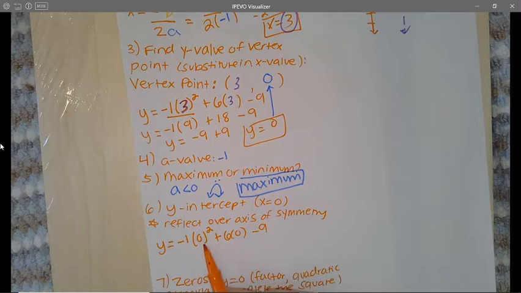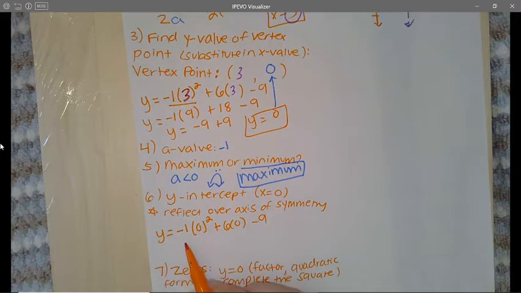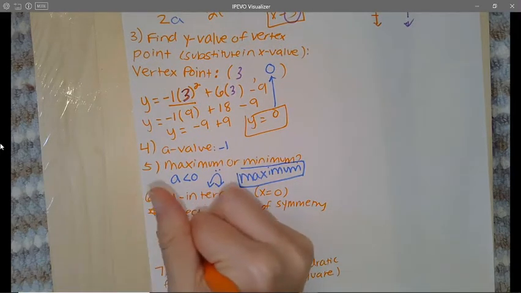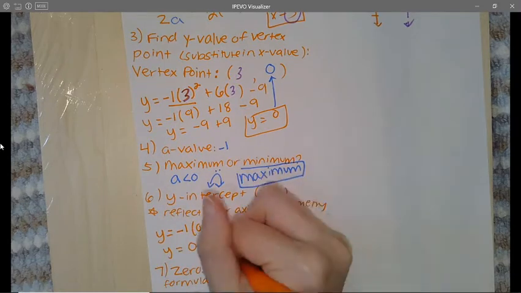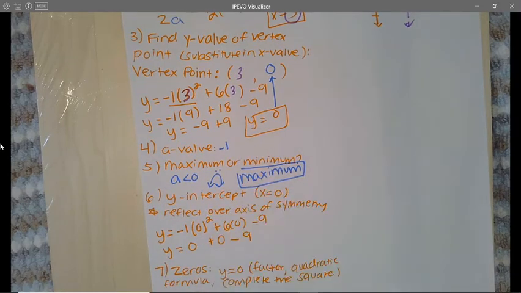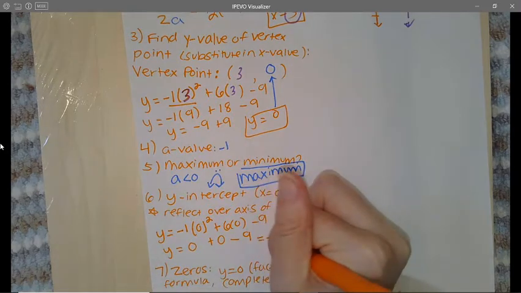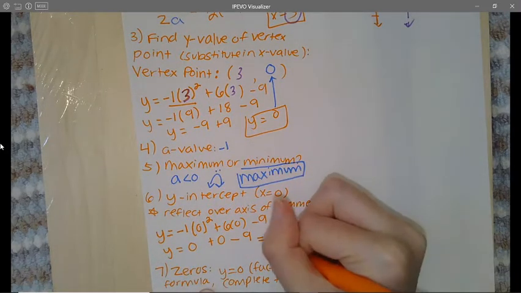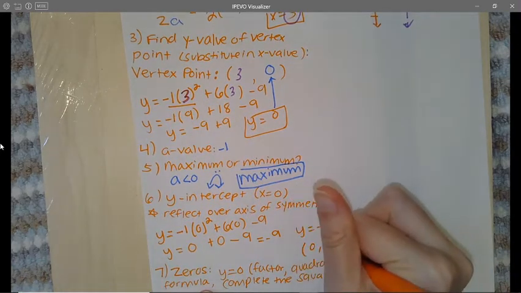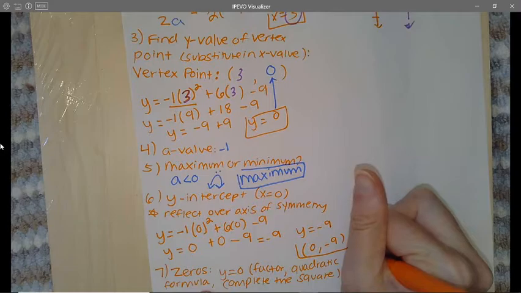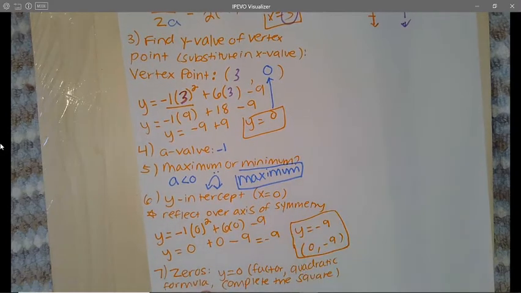Again, we have to do exponents first. So 0 squared is 0, and 0 times -1 is 0, plus 6 times 0 is 0, and then I'm going to bring on down that 9. And 0 plus 0 minus 9 is -9. So my y-intercept is where y equals -9, or at the point (0, -9). Those mean the same thing.